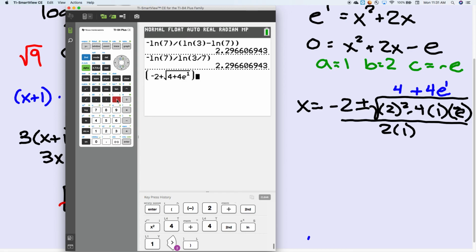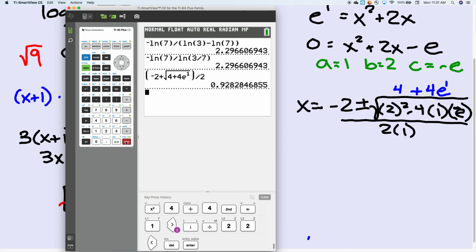Okay. If you have the Casio, does anybody have the Casio in here? The white one? Okay, the Casio needs parentheses if you have it. And then I could just do divided by 2. Because 2 times 1 is 2. If I didn't multiply that in advance, if I wrote 2 times 2 or something like that in there, I would need parentheses if I'm not going to put 4 in by myself. Okay. So I get one answer, 0.928.